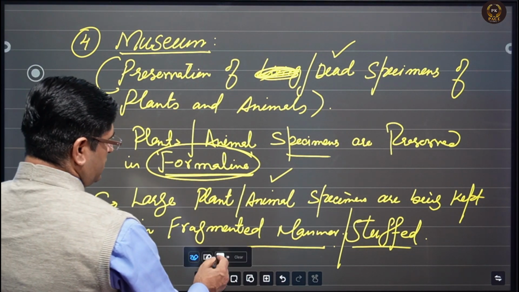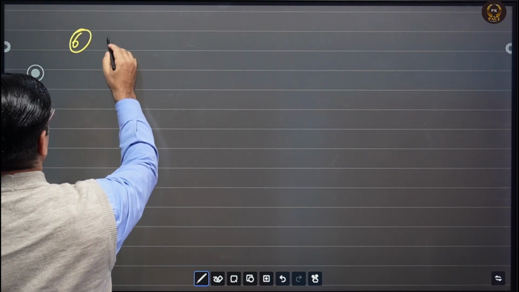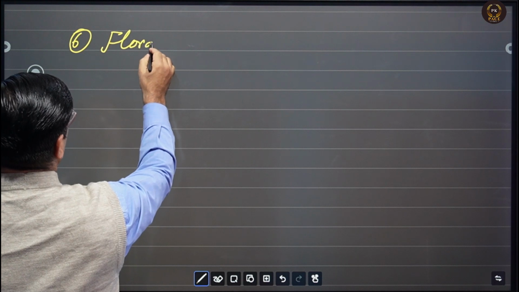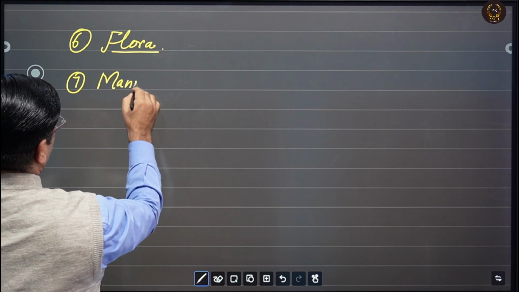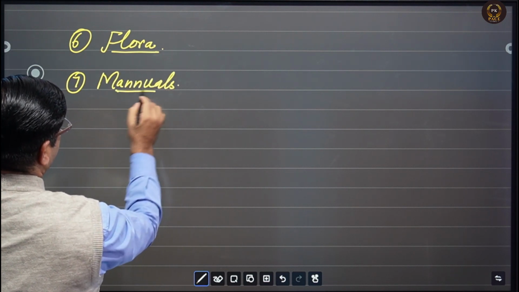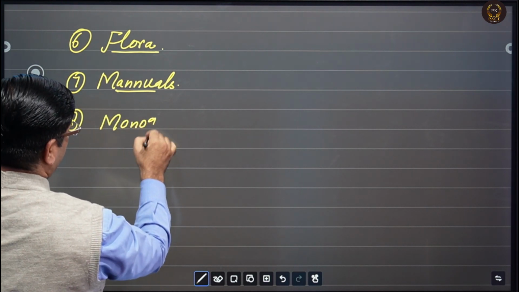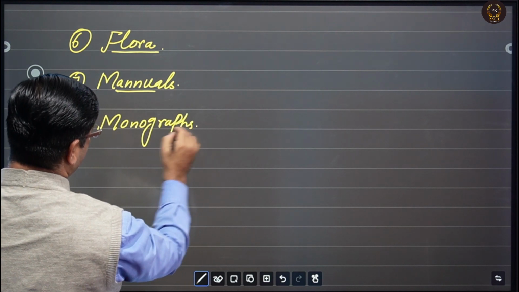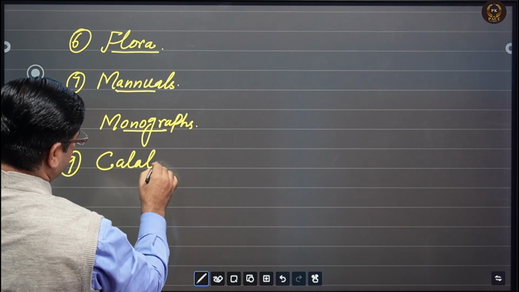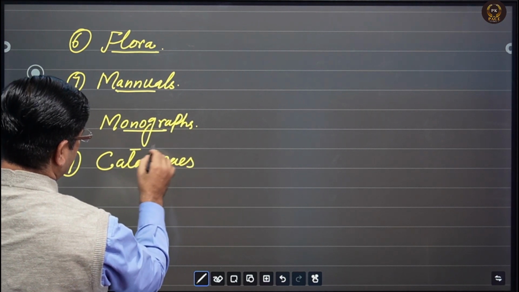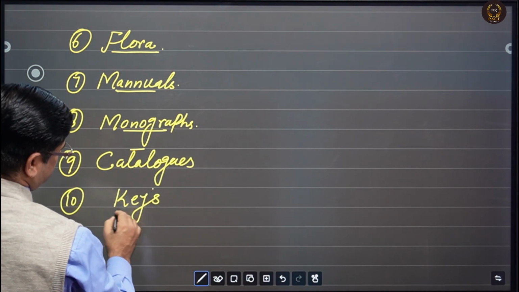Okay, similarly there are other tools. They are known as flora, manuals, monographs, catalogs, and keys.